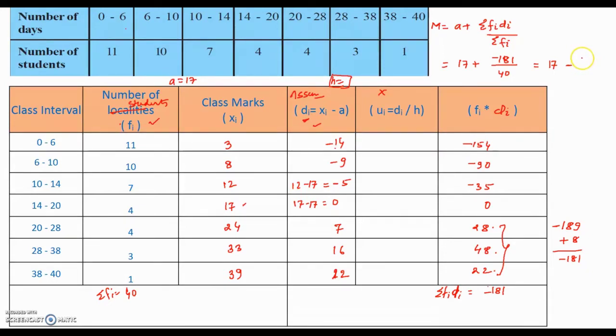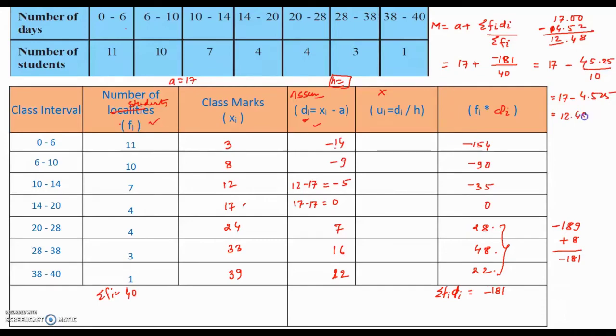Let us do 181 by 4. 4 4 16, 21. Then by 10. So this value will be 17 minus 4.525. You can take 17.00 and 4.52 like this, and you can subtract like this. 17 will become 16 minus 4, 12.